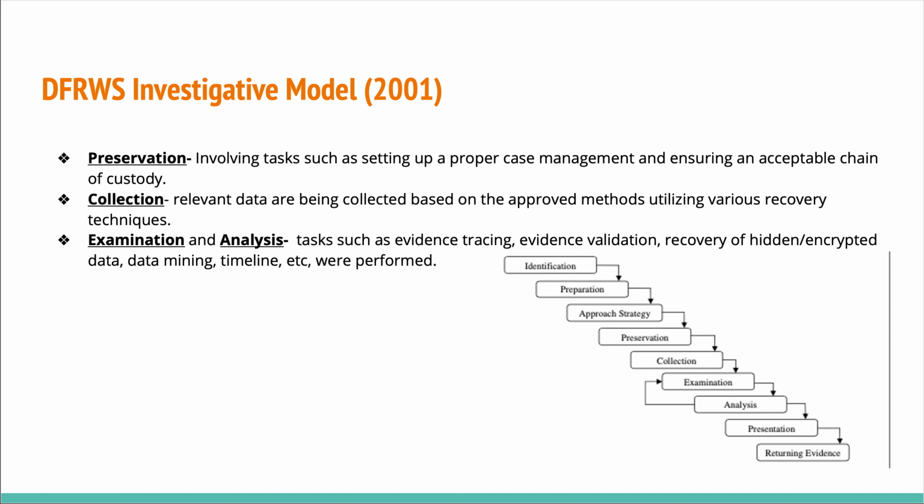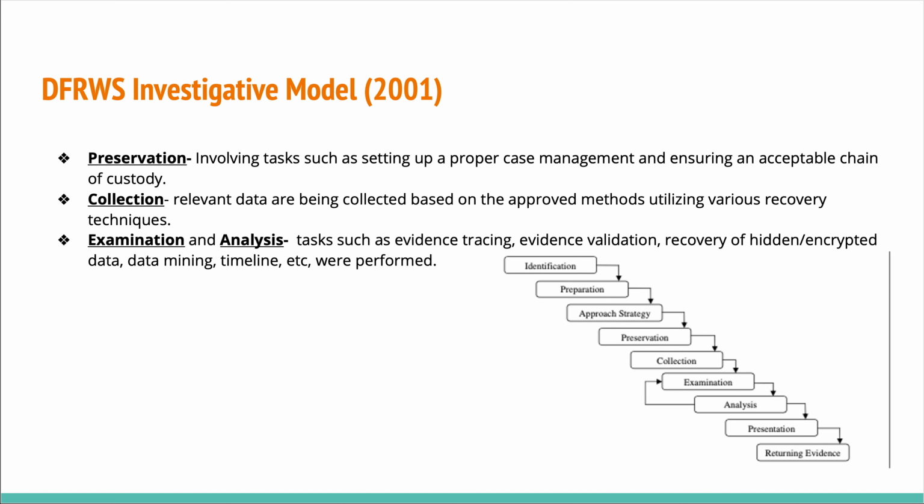The Digital Forensics Research Workshop investigative model of 2001 consists of 6 phases instead of 4. There are 4 new phases introduced in this model. The preservation phase involves tasks such as setting up proper case management and ensuring an acceptable chain of custody.